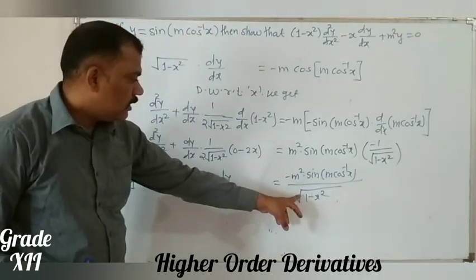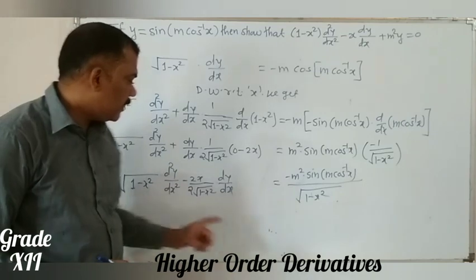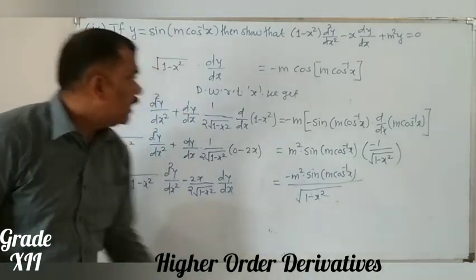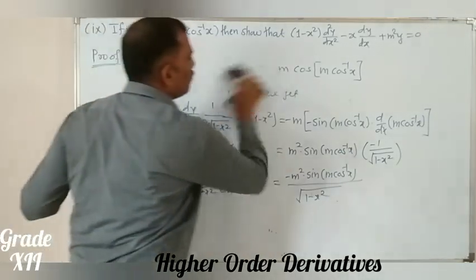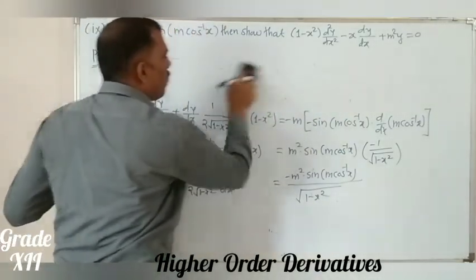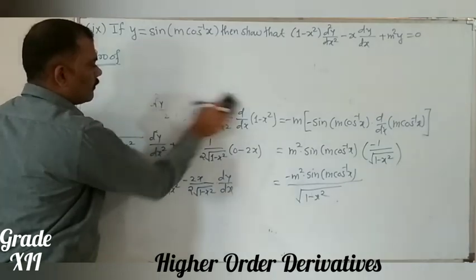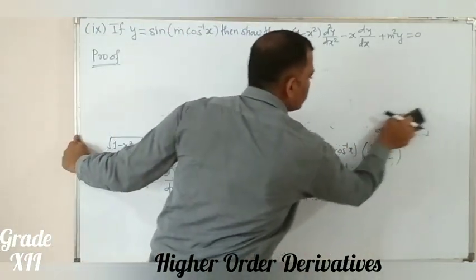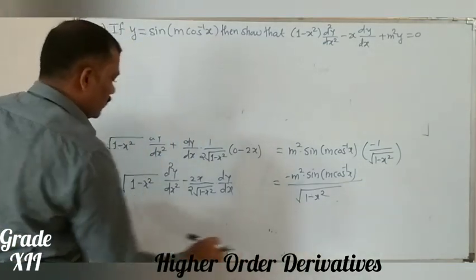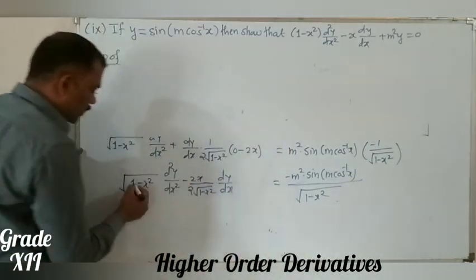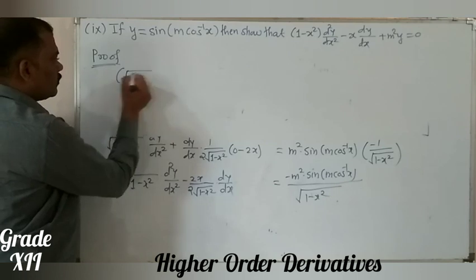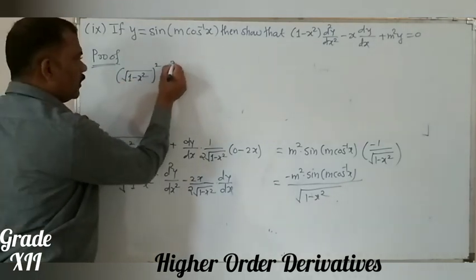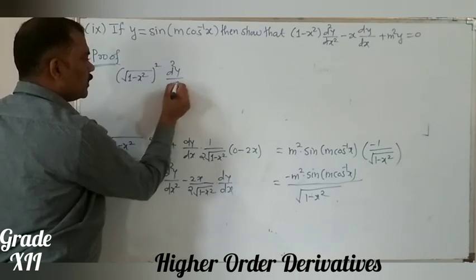We have to take this denominator, under square root of 1 minus x square, on this side, it will multiply to this, so that what you have to get: this root into this root, nothing but x square, that is under square root of 1 minus x square bracket square into d2y by dx square.